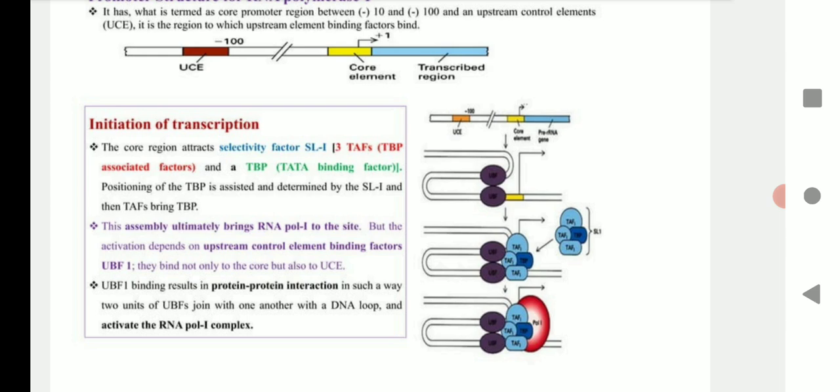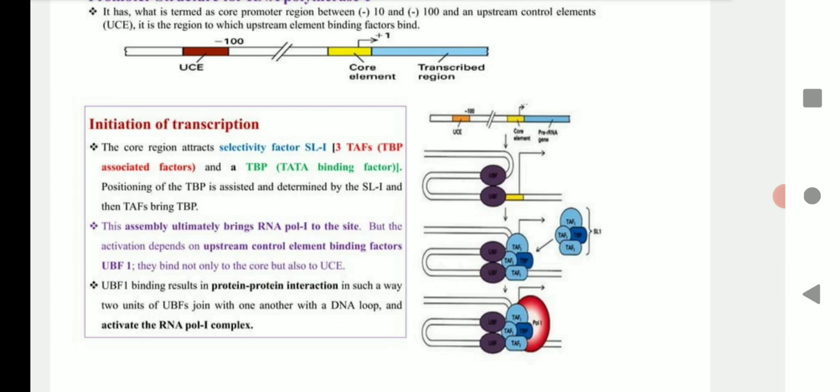TBP, that is the TATA box binding protein, as well as SL1. This assembly now brings the RNA polymerase to come and join the upstream control element region. Further, UBF1 binds not only to the core region but also to the UCE region.